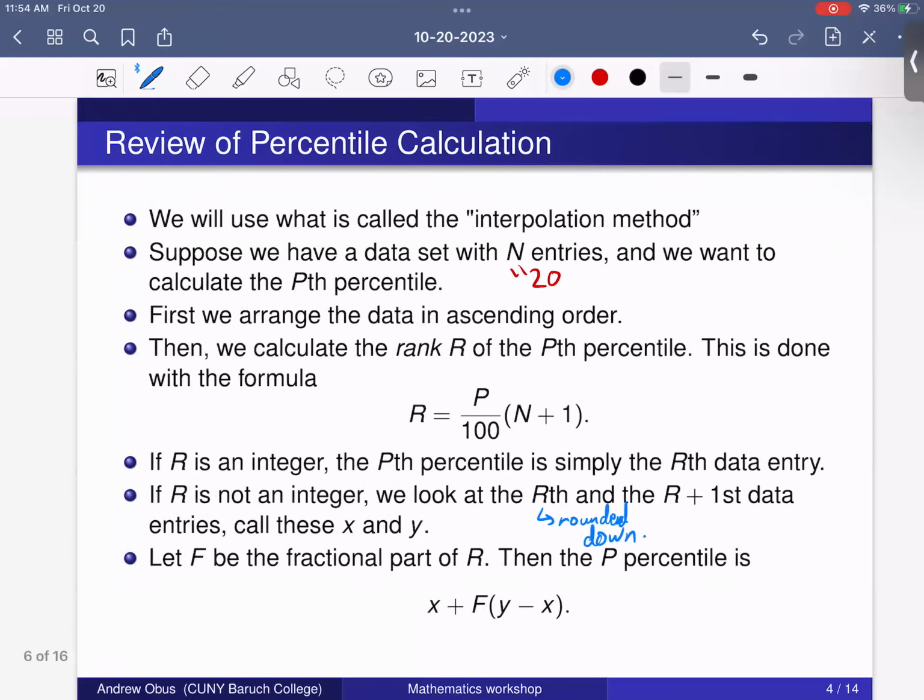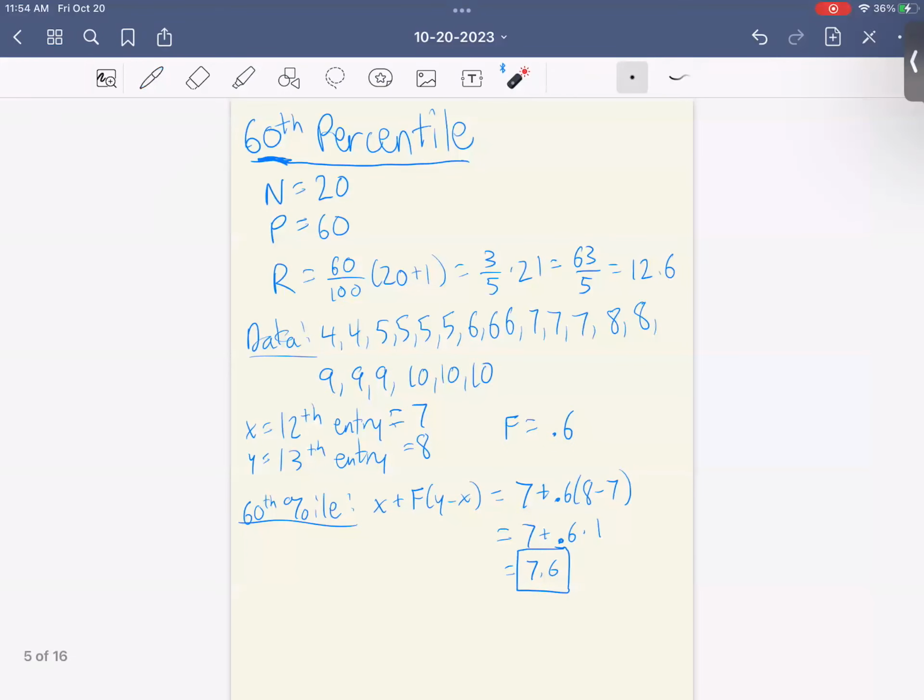So if our rank is 12.6, then X is what happens when you round down, which corresponds to the 12th data entry, and Y is what happens when you round up, the 13th data entry. So 12.6 means we look at the 12th and the 13th, and we just count from the beginning until we get to the 12th one. In this case, the 12th one was 7, and the 13th one was 8.